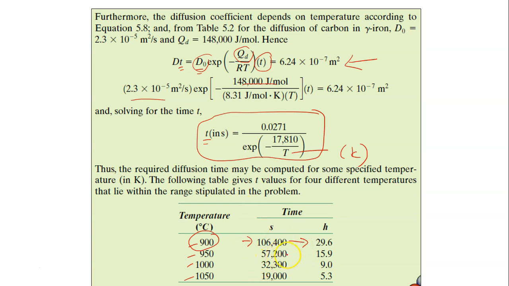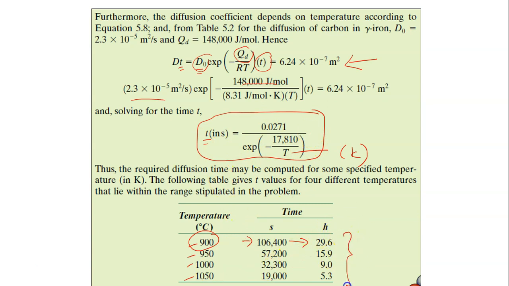So that's how it works. So this is the kind of solution that we are expecting: the temperature and the corresponding time for each of the temperature. So just substitute 950 into this equation, you will get your time. 1000 into this temperature-time equation, you will get your time, and then you convert to hour.